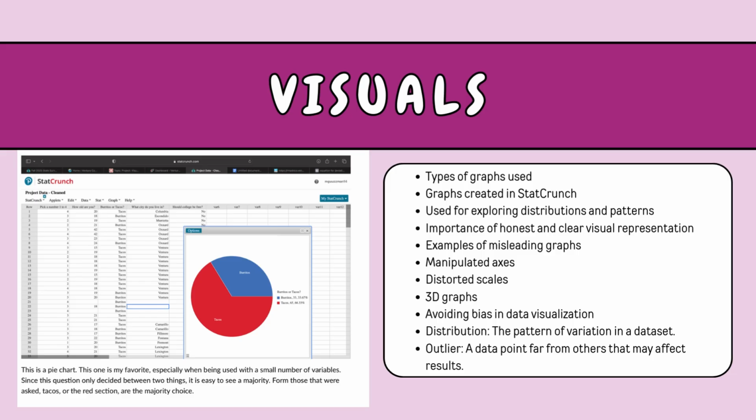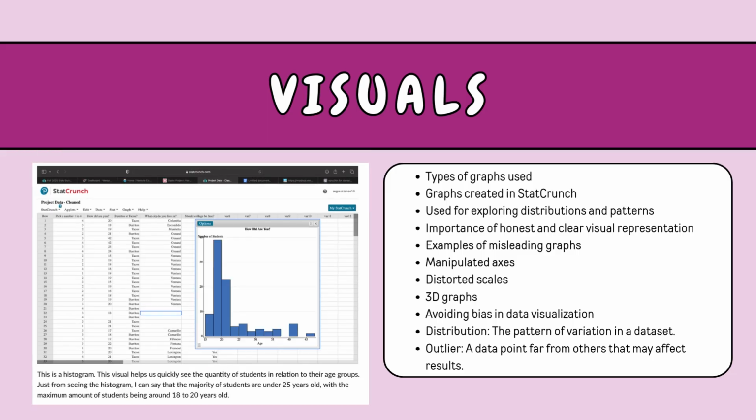Right away we can see that there's more red, which means that people chose tacos over burritos, and because it has more area, we can easily see that that's where the majority was. Visuals are really important for you to be able to analyze data quickly without actually doing any formal analysis.